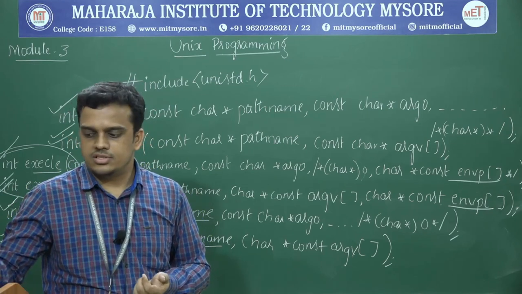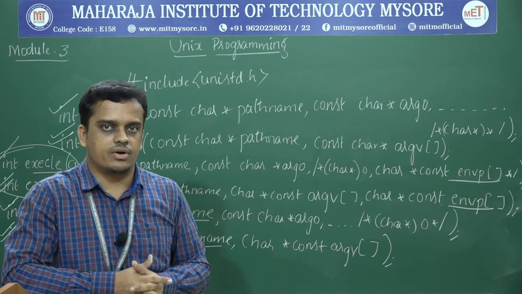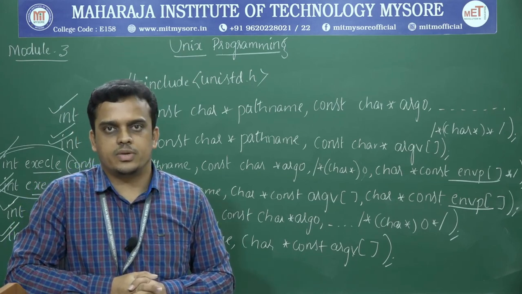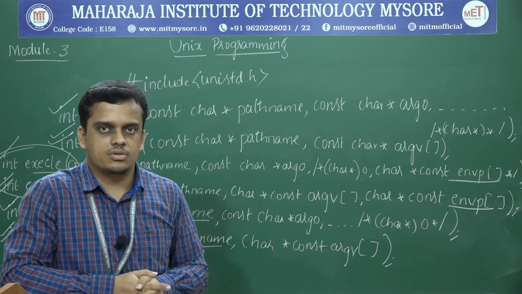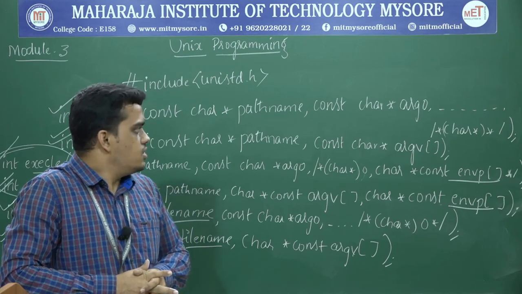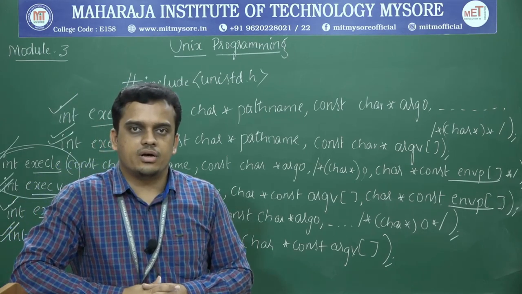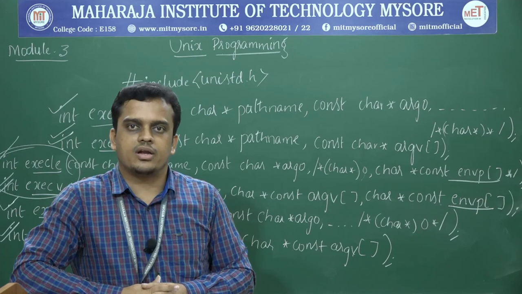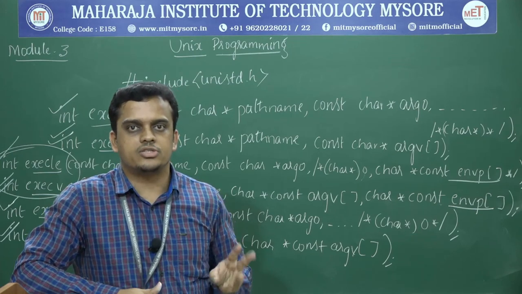That is how this set of 6 different exec functions can be distinguished based upon the protocol. Here the 6 different exec functions can be clearly classified based upon 3 major differences.